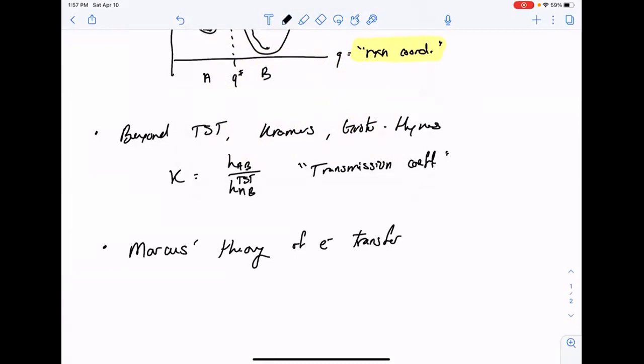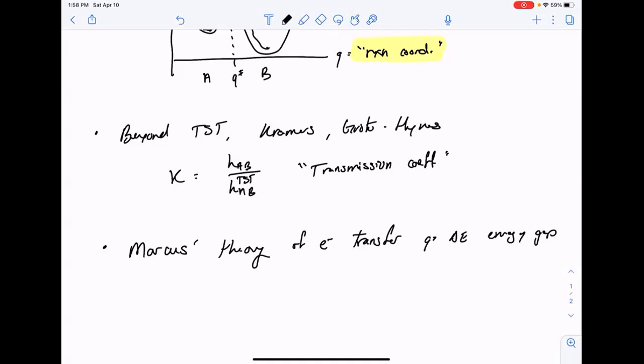We talked about how Marcus had unique insight into picking a solvent coordinate to be associated with the reaction coordinate. In a specific case, Q was given by some energy gap associated with moving the electron from the donor to the acceptor. And with that insight, he was able to apply transition state theory without much problem, without needing to correct for dynamics at the top of the barrier.